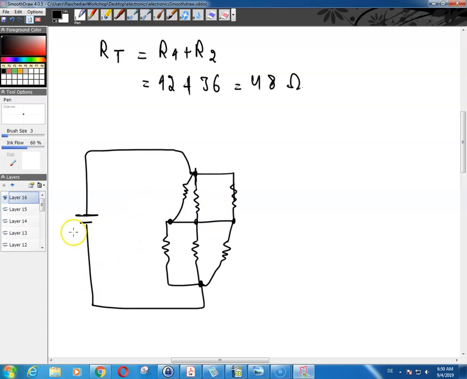This would be your V of S, and this would be R1, R2, R3, R4, R5, and R6.